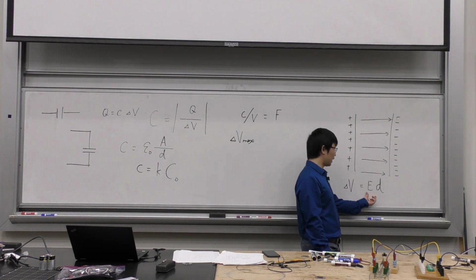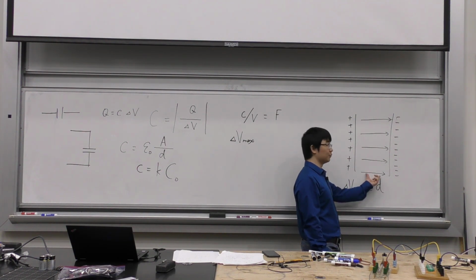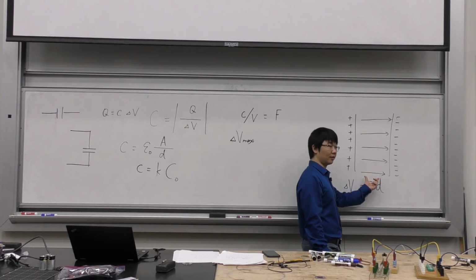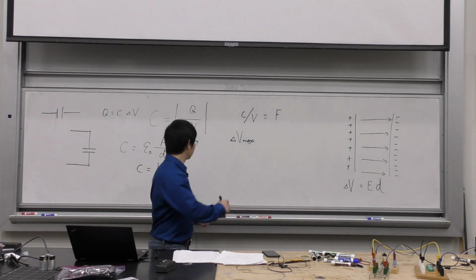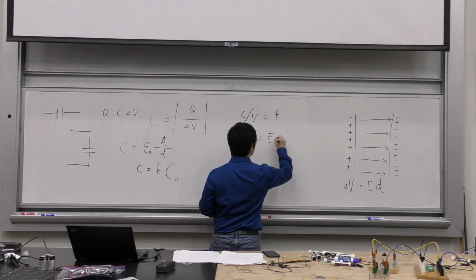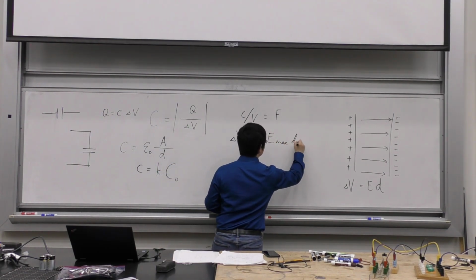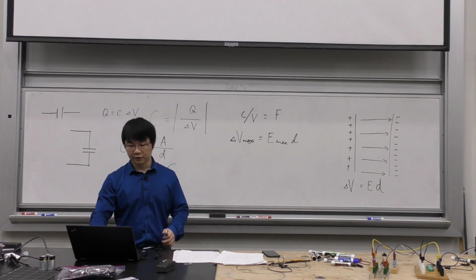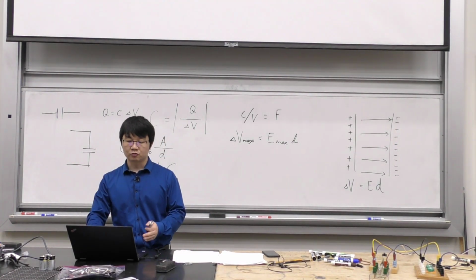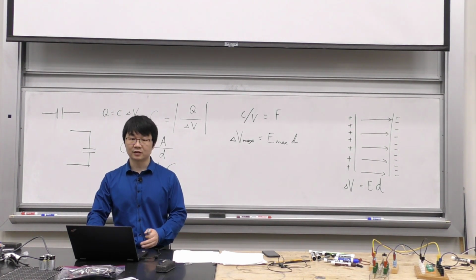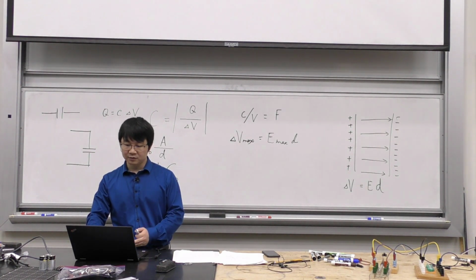All you need to do is find the maximum electric field the air between them can take before it breaks down, before air even becomes a conductor. So this is just going to be E max times d. What is E max? E max is this thing we call dielectric strength. It's a fancy name for the E max any material can withstand without breakdown.